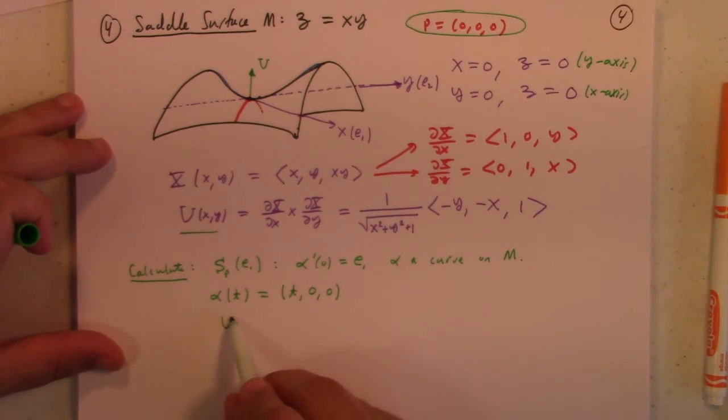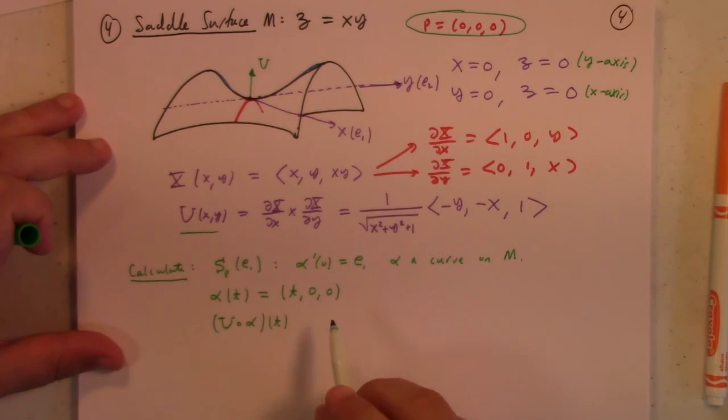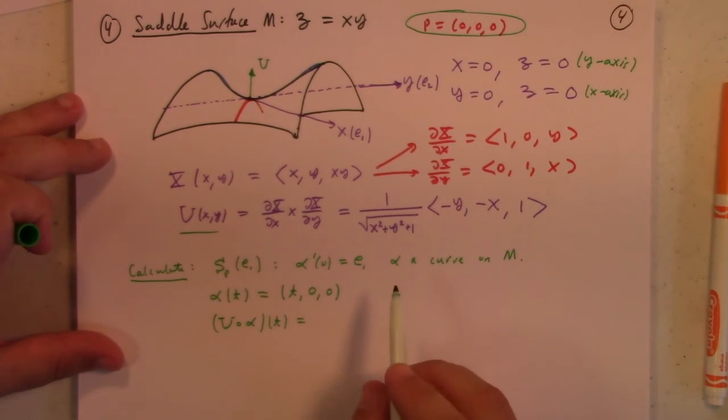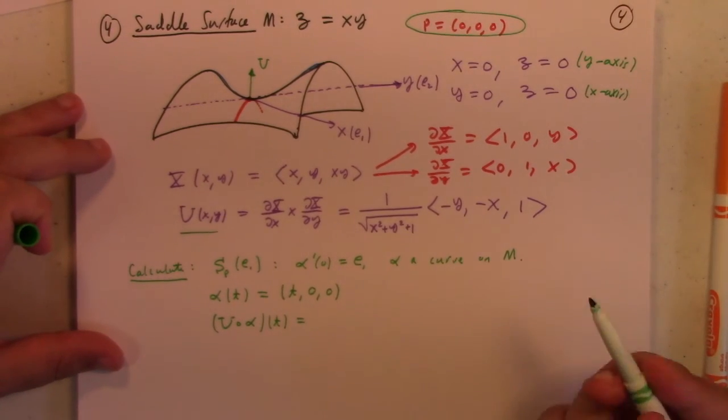And if I calculate U of alpha of t, in other words, the unit normal vector field along this curve alpha, what do I get? Well, you just plug in x equals t, and y and z both being 0.